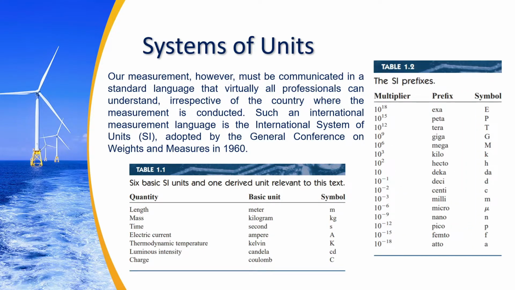So, here are the SI prefixes. So, dito naman, kapag sobrang laki na ng value or sobrang liit ng value, pwede natin siyang gamitan ng different prefixes. So, example, meron kang 18 na zeros. So, 1 tapos may 18 na zeros na kasunod. So, papasok siya dito sa mga prefixes na to.